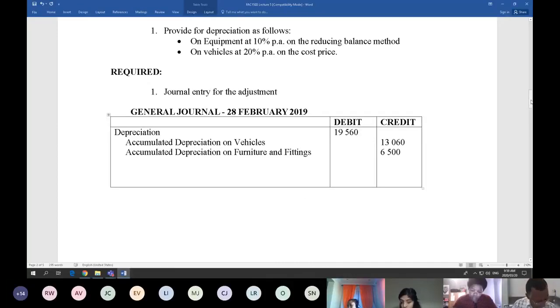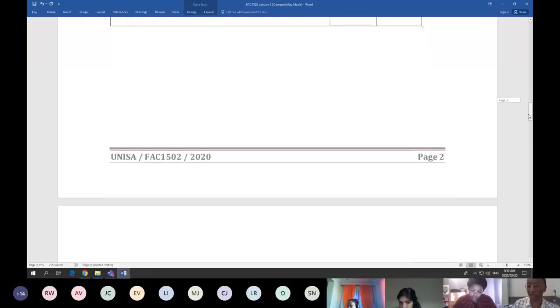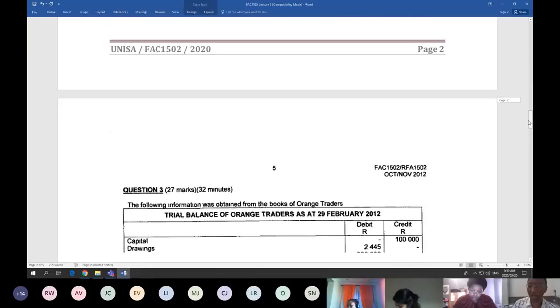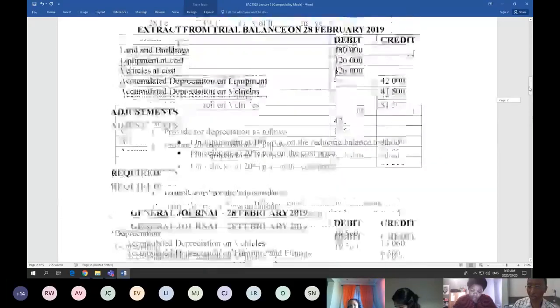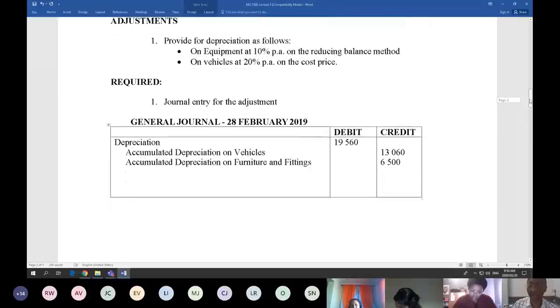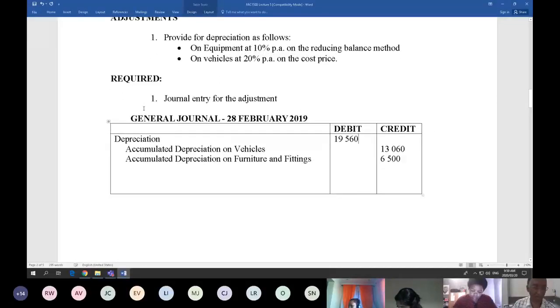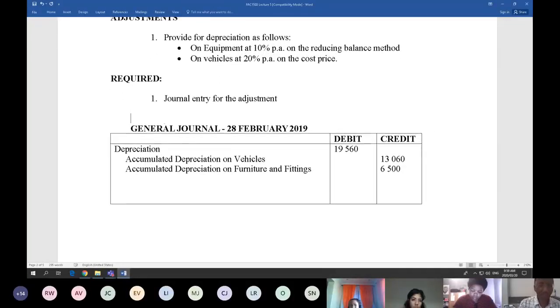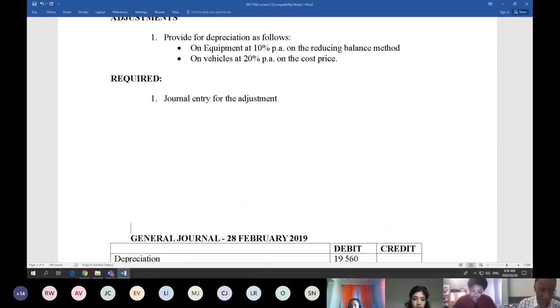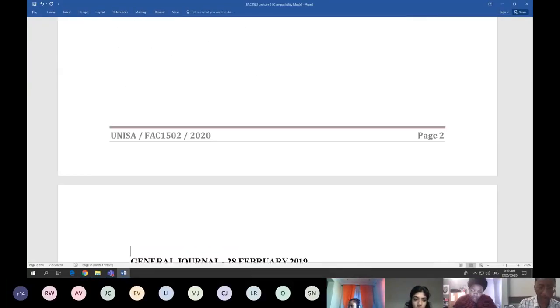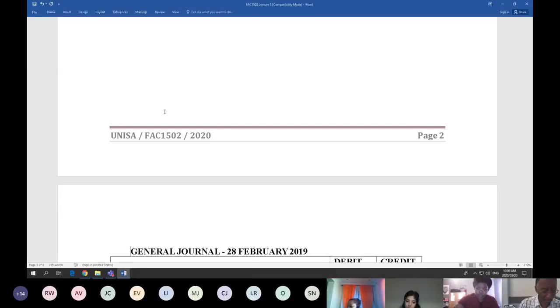So we are done with the first part of that question, where they ask you to actually record the information then in the general journal. The second part of this question, guys, is where I am now going to do the statement of profit and loss and other comprehensive income.